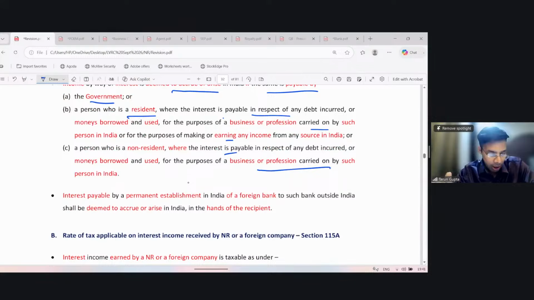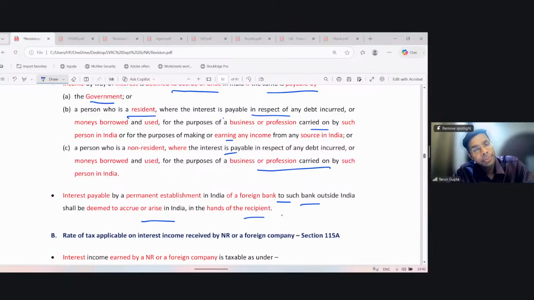Now, it says interest payable by a PE in India of a foreign bank to such bank. So there is a PE of a foreign bank in India, and such PE is paying interest to such bank or to any other branch of such bank outside India. Then it shall be deemed to accrue or arise in India in the hands of the recipient. Right?